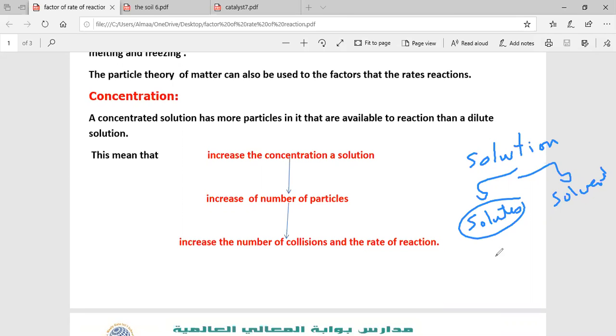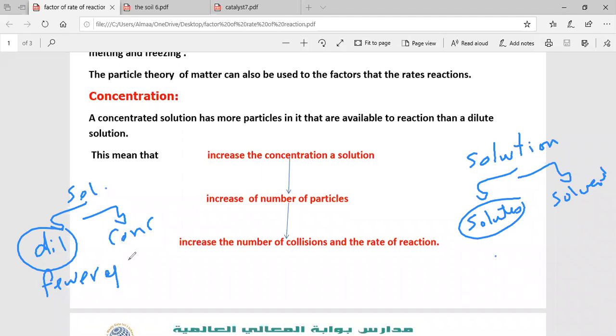Solutions can be classified into dilute and concentrated. Dilute means a fewer amount of solute. Concentrated means a large amount of solute.